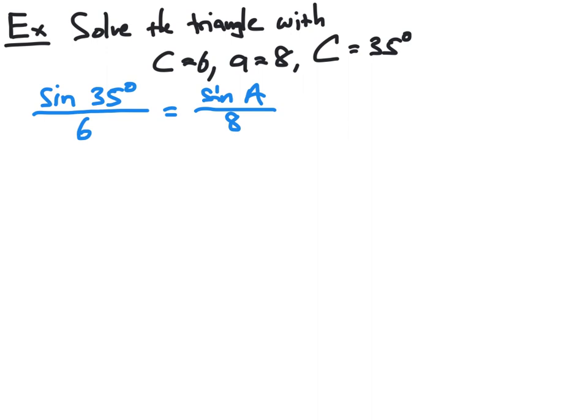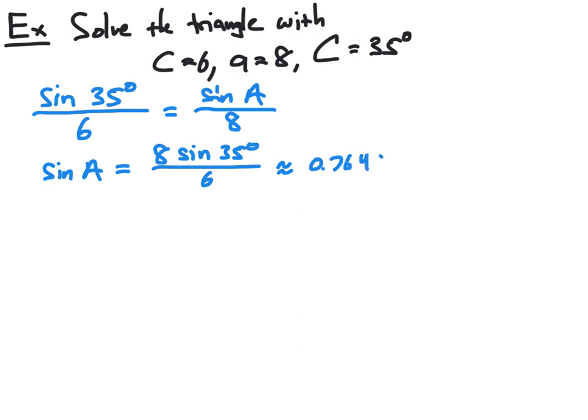From this, we can then solve for sine of A. Sine of A will be 8 times the sine of 35 degrees divided by 6. Using a calculator, we can see this is approximately 0.7648.